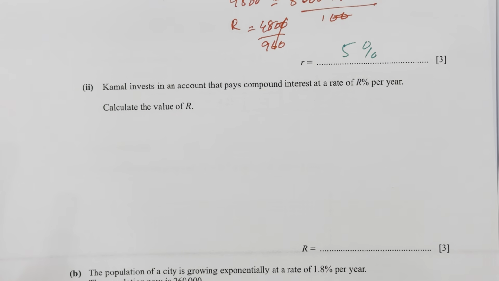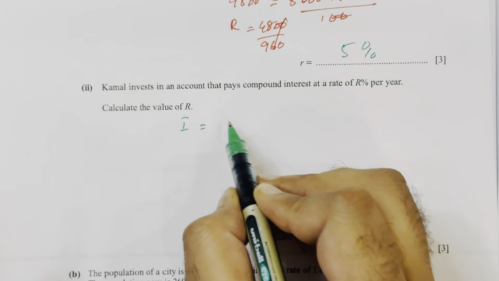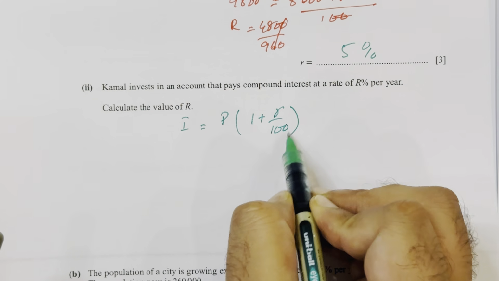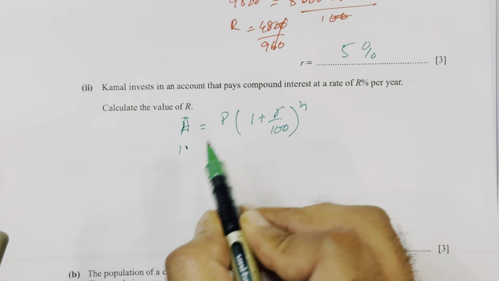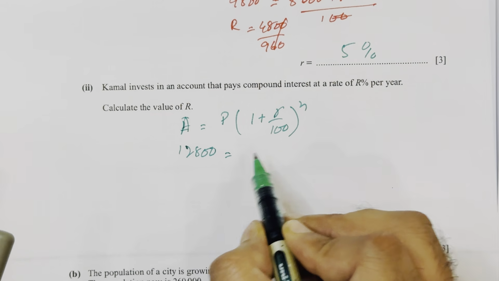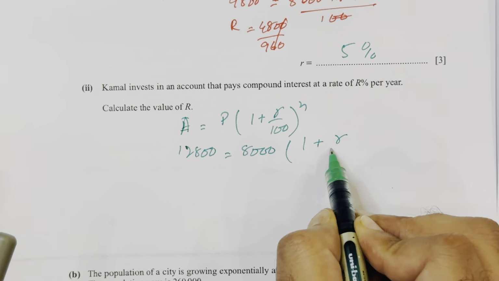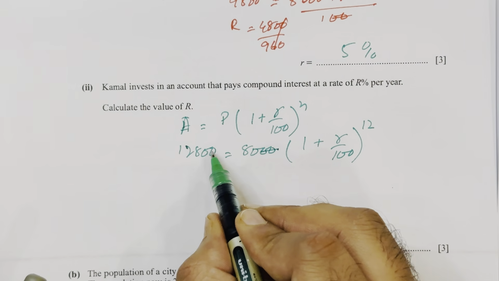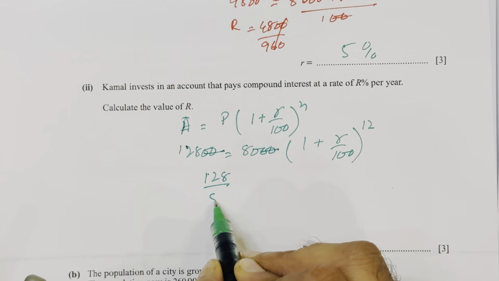Calculate the value of R. So we need to calculate the value of R. This is the formula of compound interest: A is equal to P into (1 plus R over 100) to the power N. The value of amount is given, that is equal to 12,800, and the principal amount is 8,000, and 1 plus R over 100, and the value of N is 12. So you can cancel 2 zeros with 2 zeros, and it would be 128 divided by 80.